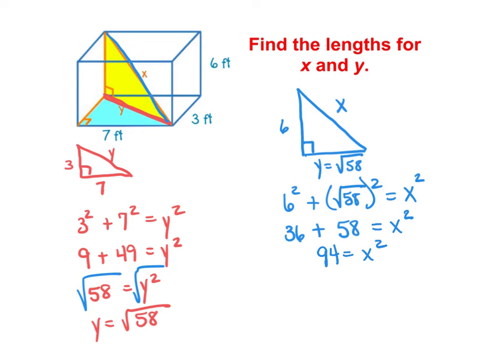Now we can take the square root of both sides and we get that x is equal to the square root of 94. Now maybe the problem would ask you to get the answers to the nearest tenth. You would simply take the square root of 94.